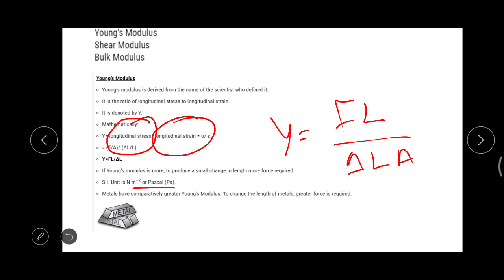Here it is given that metals have a higher Young's modulus value. So for changing the shape and length of a metal, we have to apply more force, or more stress. The shear modulus and the bulk modulus we will discuss in the coming classes.